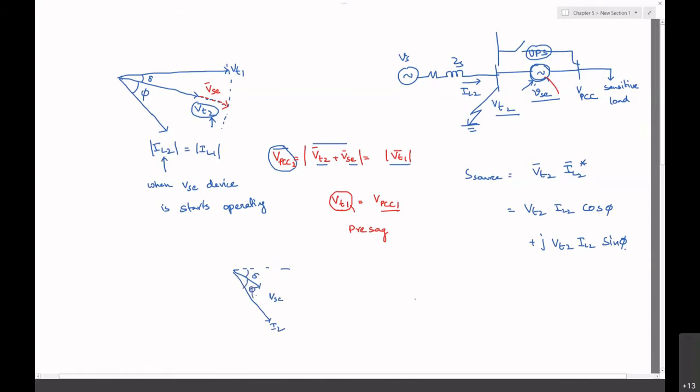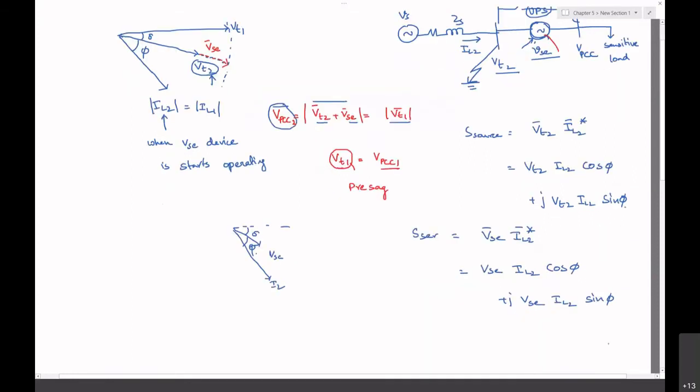Now the series device also has a contribution of VSE into IL2 star. This is going to be VSE into IL2 times cos phi plus j times VSE into IL2 times sin phi.